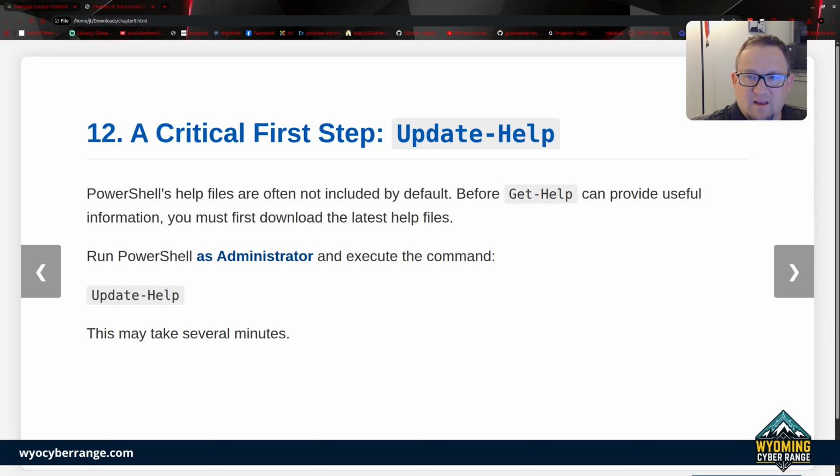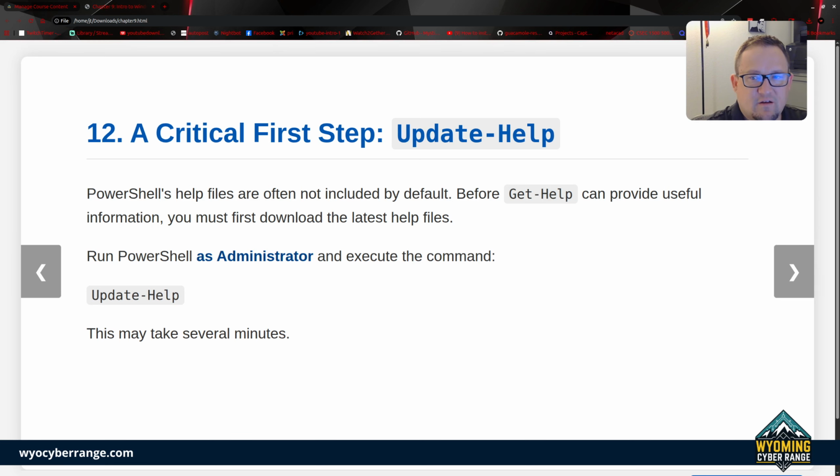Now, update-help is our next command. This is super important and a common stumbling block for beginners. By default, Windows doesn't ship with all of the help files installed. So it's very useful the first time you use PowerShell to run it as an administrator and run the command update-help.